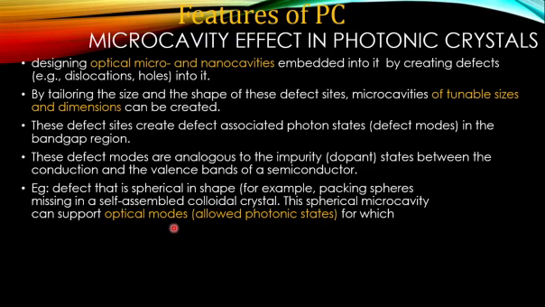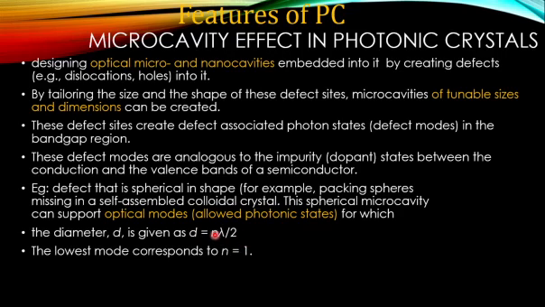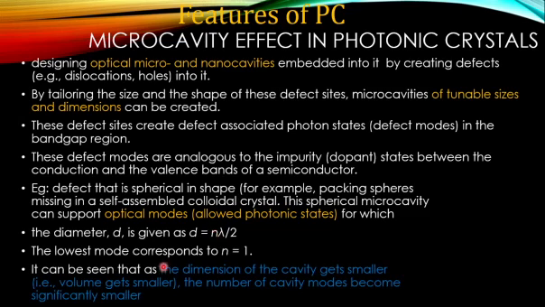That means a new allowed photonic state, or energy state, is possible for the photon, for which the diameter is given by d = nλ/2, which means the lowest mode corresponds to n = 1. So it can be seen that as the diameter of the cavity gets smaller, the wavelength λ will also get narrowed down. So the number of modes available will depend upon the diameter of the defect, or the cavity. The smaller the diameter of the cavity, the fewer the modes.